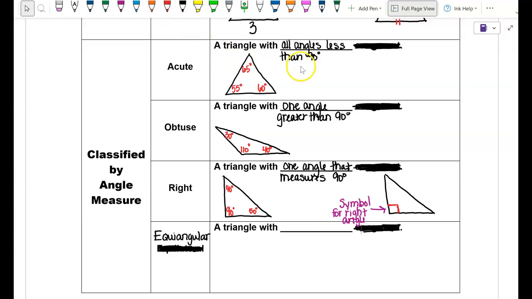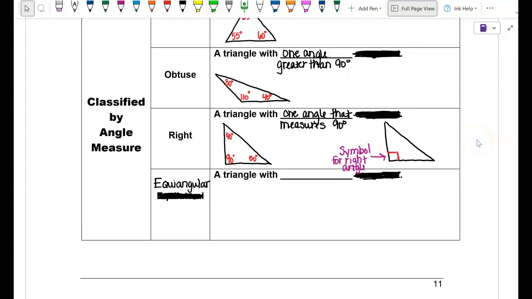And then the last way to classify a triangle by its angle measure is equiangular. An equiangular triangle is a triangle with all three angles having the same measure.